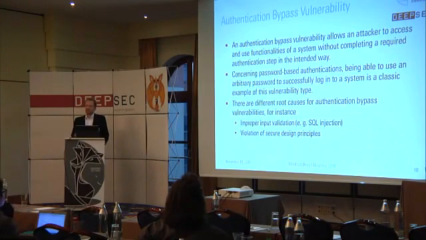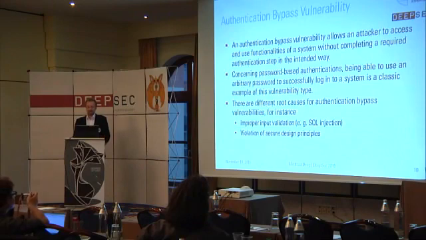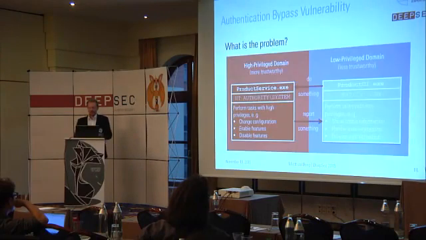So concerning password-based authentication mechanisms, being able to use an arbitrary password, for example, or no password at all in order to log into a system is a classic example of this vulnerability type. And there are different root causes for this vulnerability type. For instance, improper input validation, for example SQL injection vulnerabilities, or more generally, the violation of secure design principles. And for the latter, I have an example here.